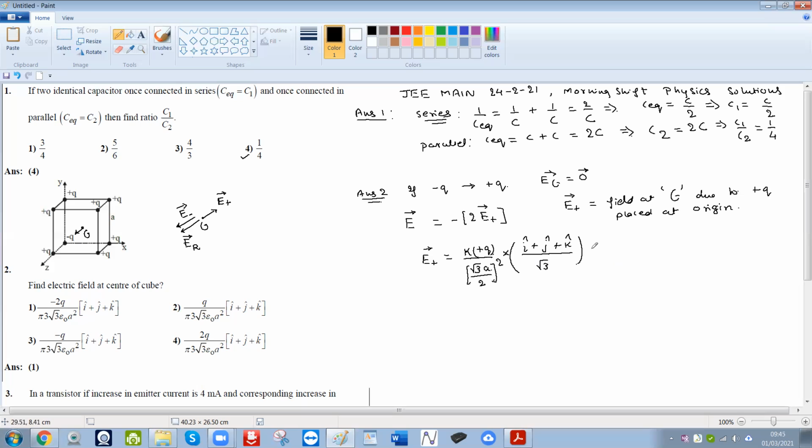So rearranging, we also put the value of K. So 1 upon 4 pi epsilon naught.